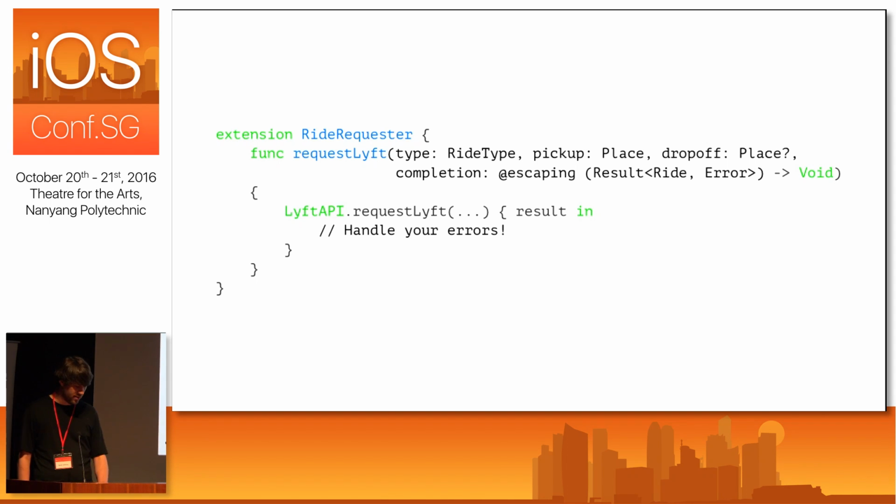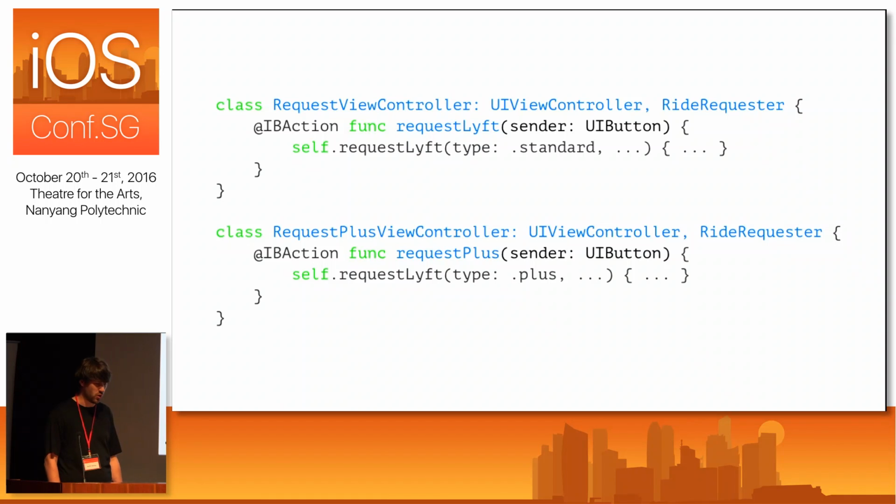But the really big win comes when we go back to our view controllers with this new implementation, because now we conform to this new RideRequester protocol, and we just have this behavior for free in our view controllers without any unnecessary duplication, which is great. And also here, I've renamed the IB actions because now we can make them make more sense since we're not inheriting view controllers as well.